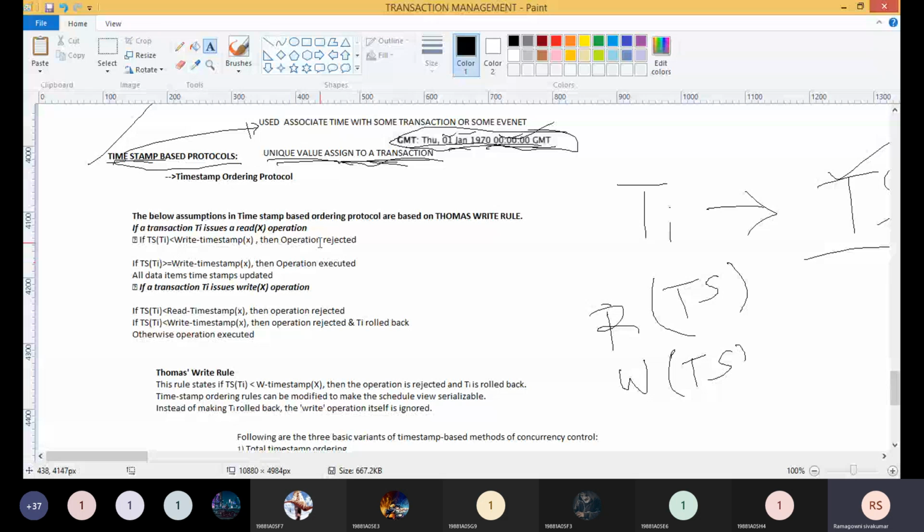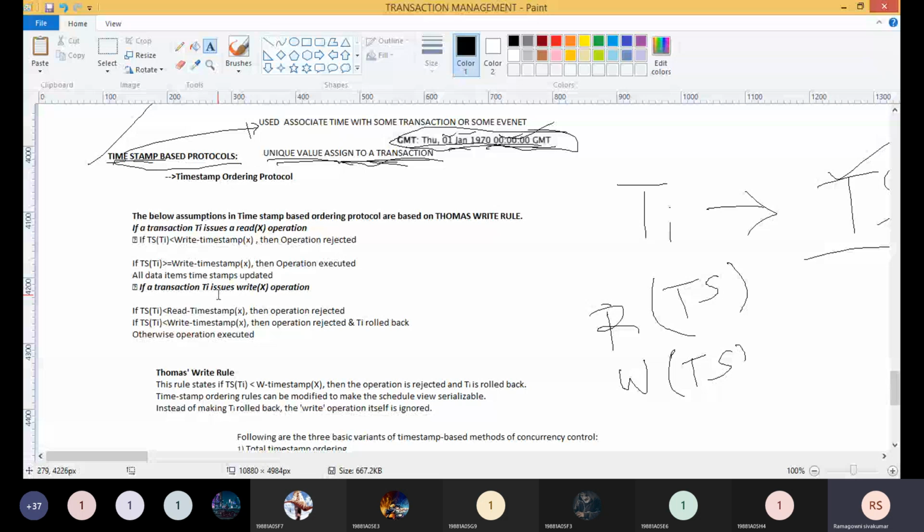There is no problem. Then all data item timestamps must be updated. This is the first rule.